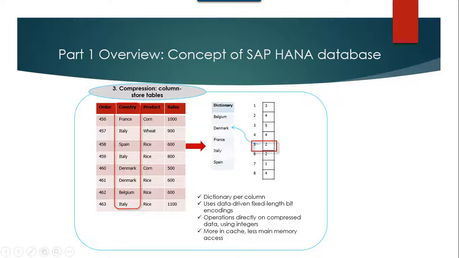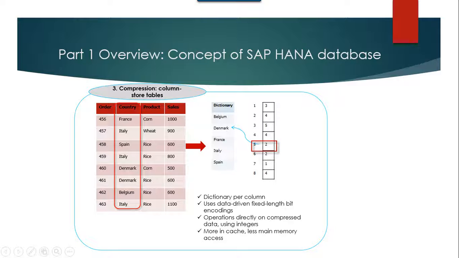And the third, compression. In a column store table, you see the table, the information, the raw data, and the dictionary. If we want to find Denmark, it is row number 5 here, and it contains 2 Denmark.